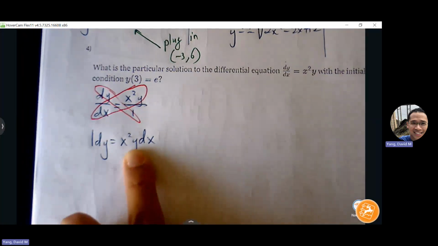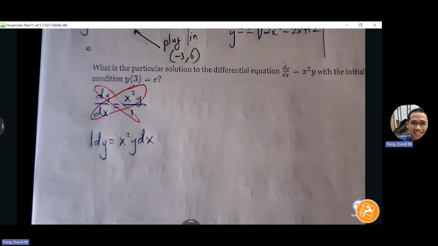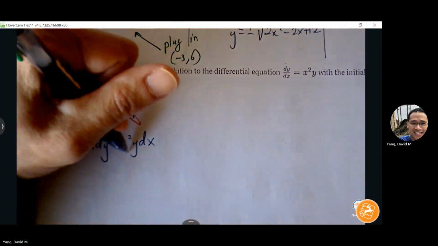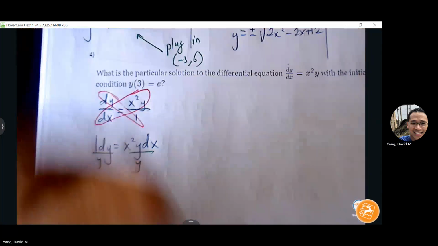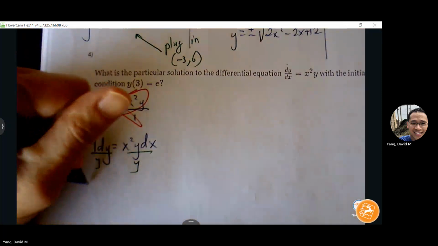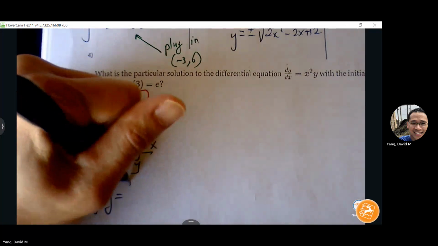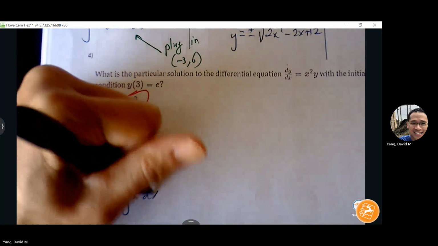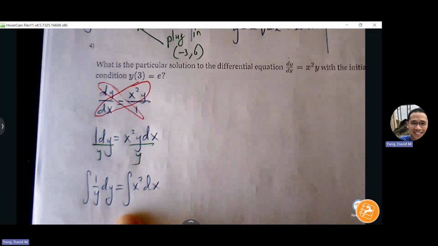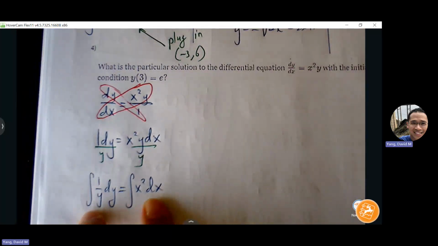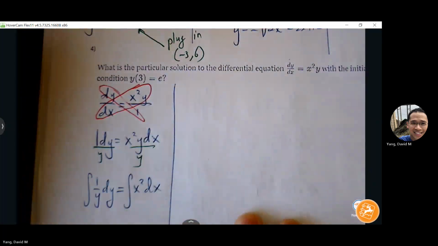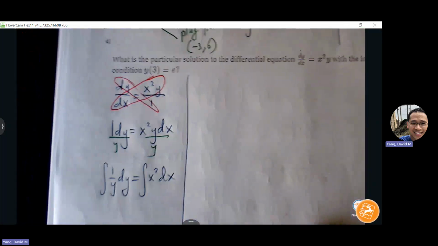There's one thing out of place, which is the y, so divide by y on both sides of the equation. Full separation of variables. We can move on to our calculus step. Left side is natural log, right side is power rule.